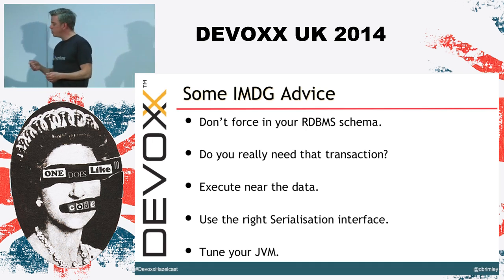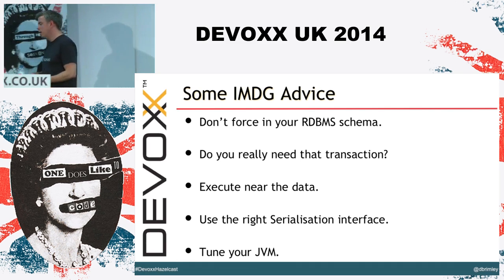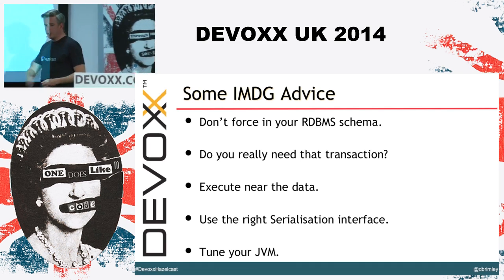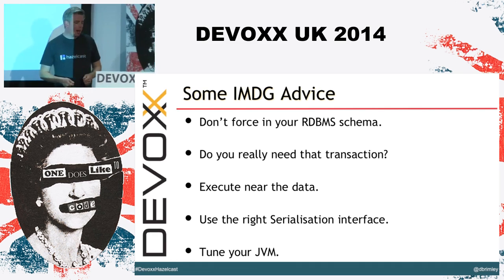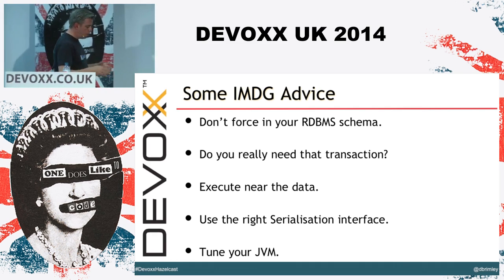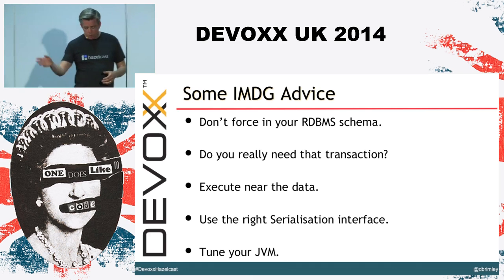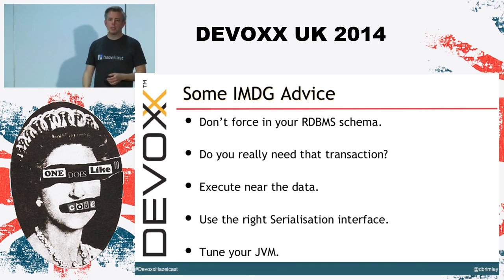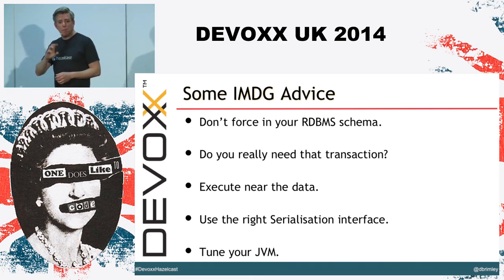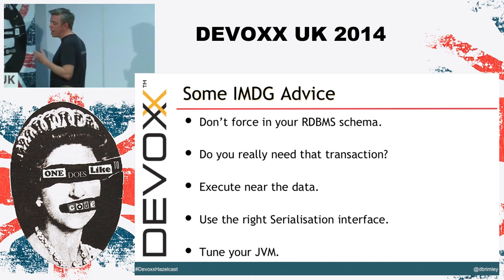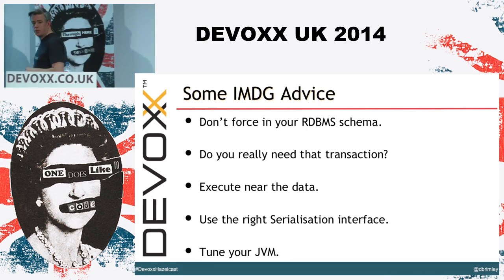Kryo gives you very good performance, and it provides very good compaction as well. So when you are working up your systems and doing some testing on benchmarks, just look at serialization. You'll be amazed at the performance increases you can get by picking the right serialization.